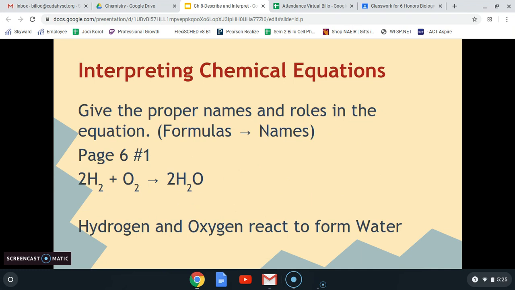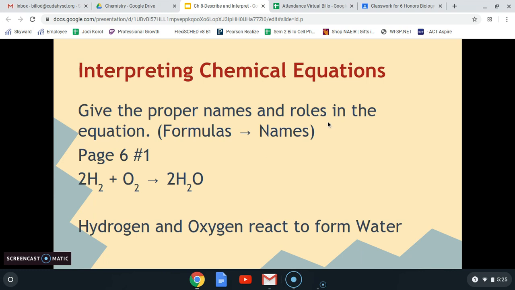So in this case, you've got H2. Now remember, that's hydrogen in its natural state. So the simple answer there is hydrogen plus oxygen react to form. And you know what this is? That's water. That's all I'm asking you to do for the time being.